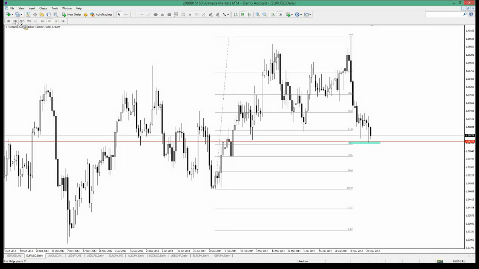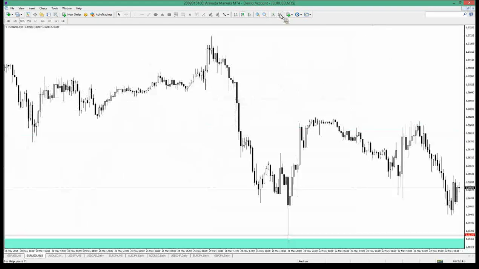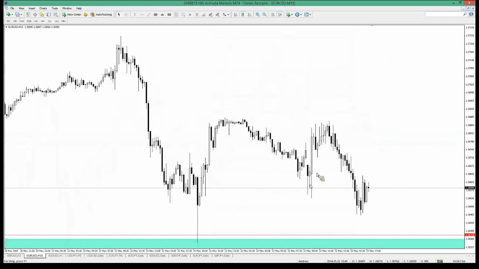But just have a look at this. We've had the Gartley pattern, which we've played, but you see this, the consolidation here.